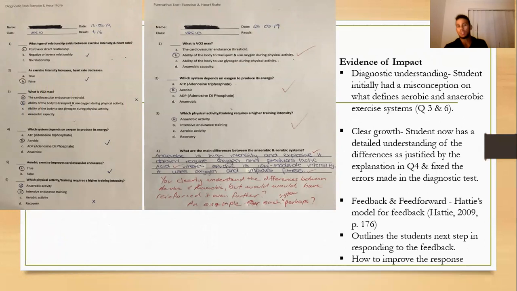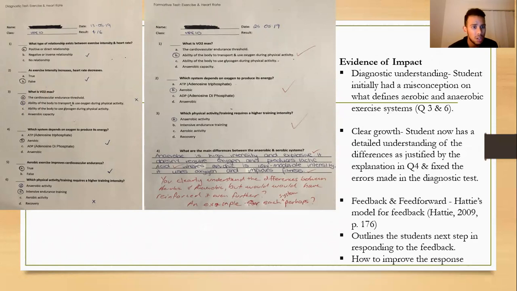All right, so we've got some examples here, and this is to showcase the evidence of impact. The piece on the left is a diagnostic test, and then the formative test is on the right, and this is the same student. All right, so obviously there's a misconception there on what defines aerobic and anaerobic systems in the diagnostic.